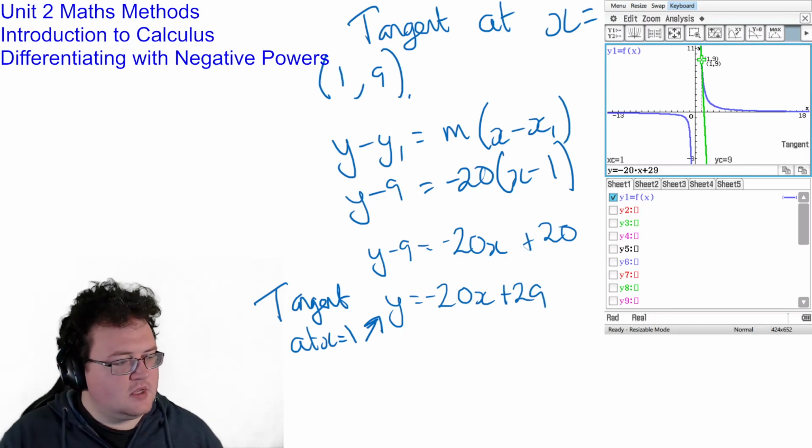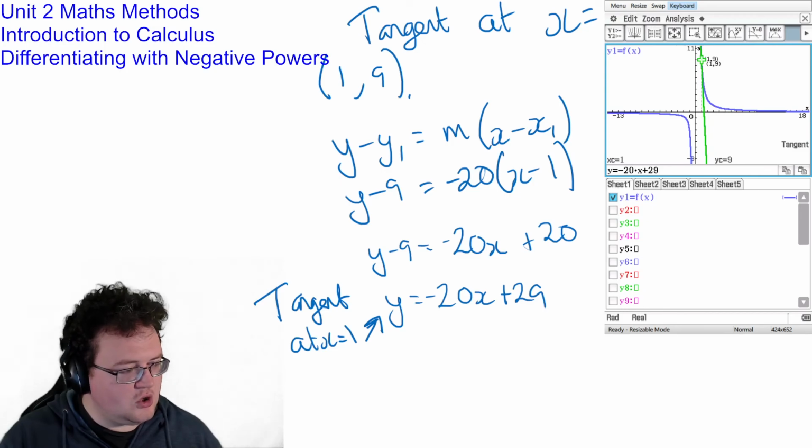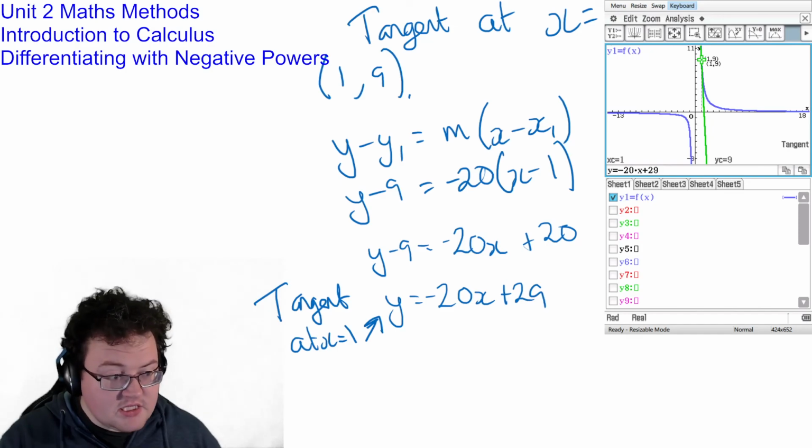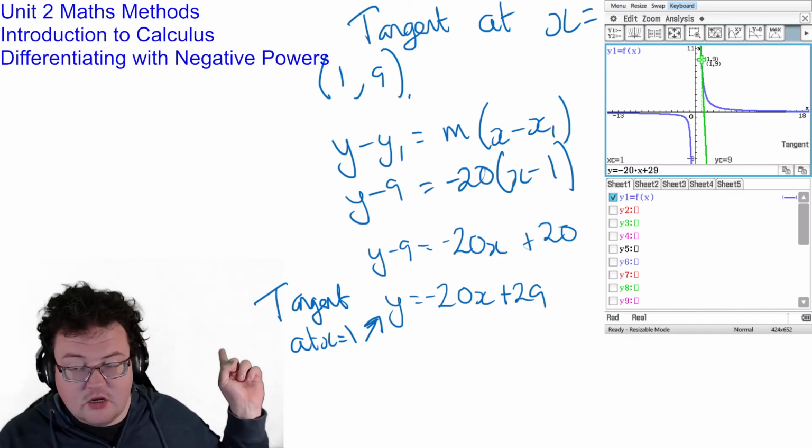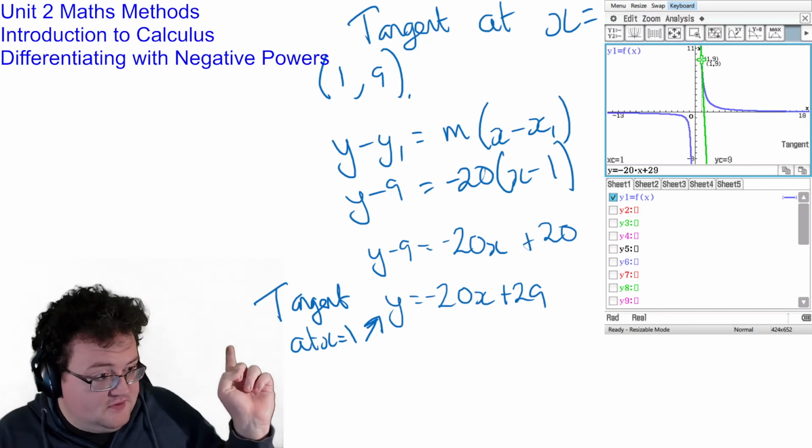All right? So I would like you guys to please do 17C. But there are some questions in there that I do not want you to do, because it's asking you to do this with first principles.